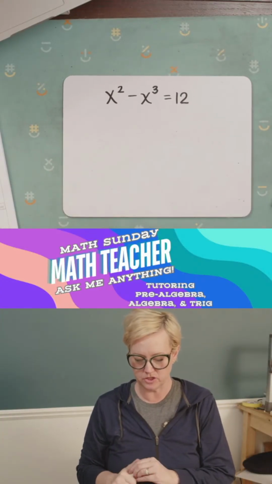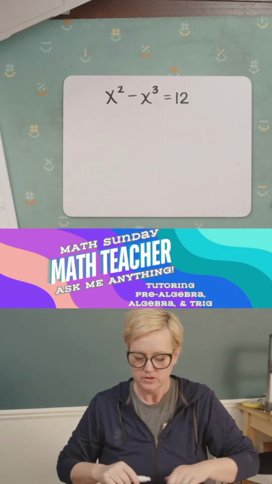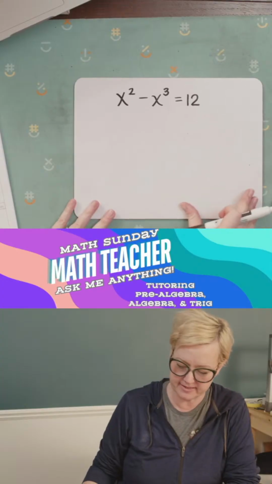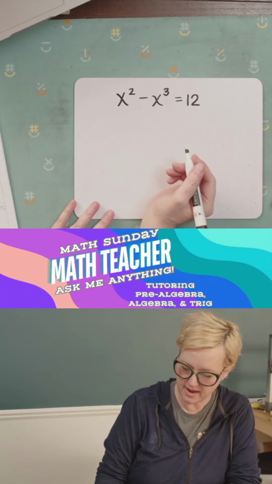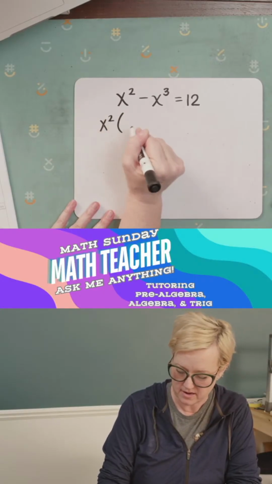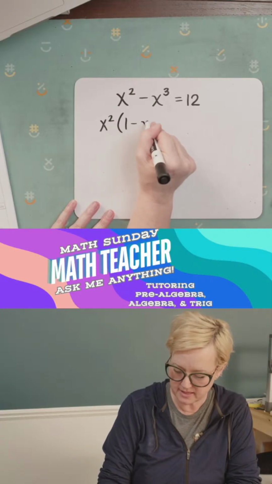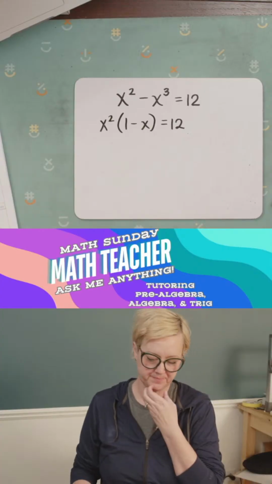I am going to hope that this is factorable. I can take out an x squared times 1 minus x equals 12.